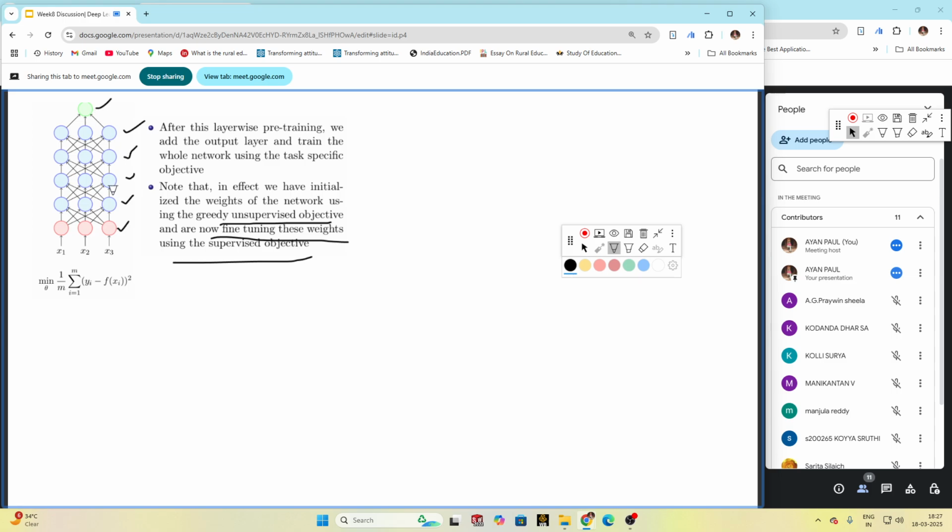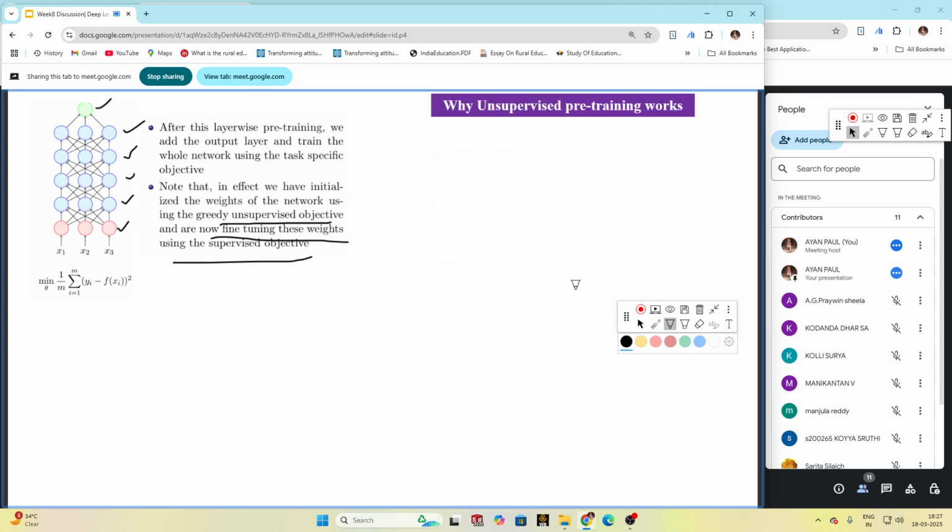How do we do it? Now we give labels to both input as well as output, and by this supervised objective our weights again get fine-tuned, and we learn better. Earlier the problem was that the neural network did not converge, but with the help of pre-training our neural network converges well. So this is the idea of unsupervised pre-training.